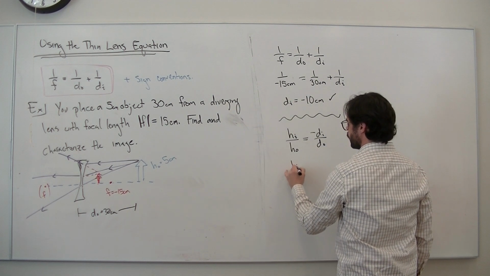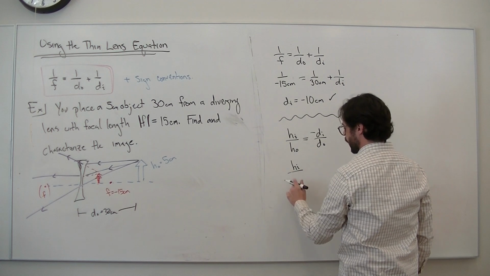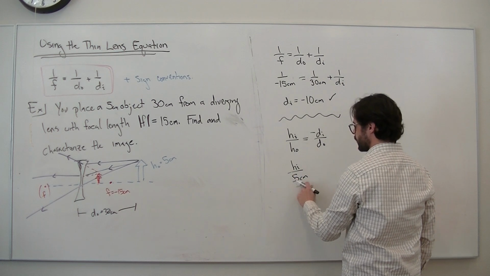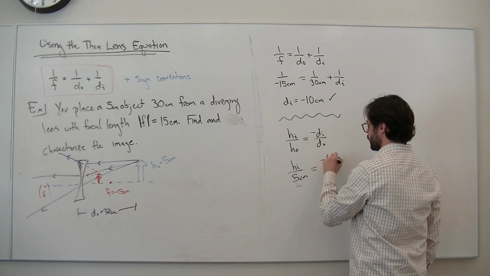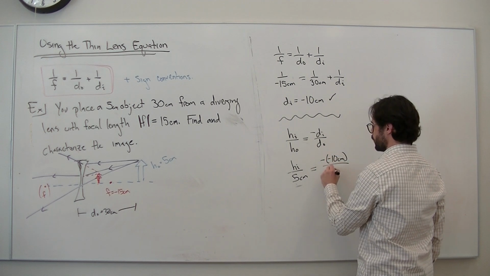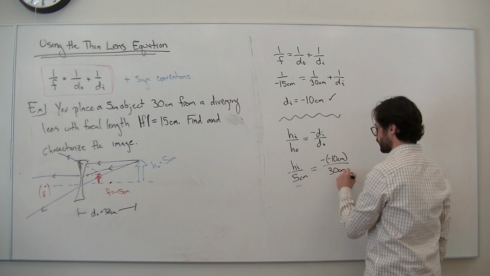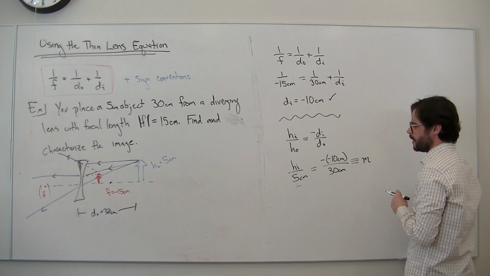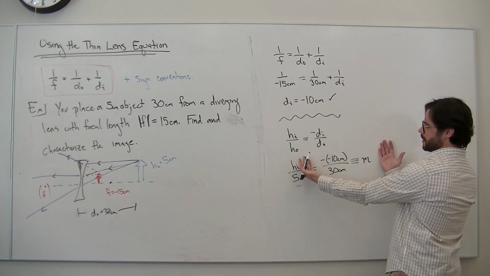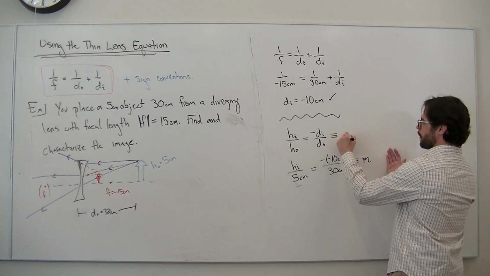So HI is what we're looking for. H naught is 5 centimeters, again positive because it's always positive. And then this is minus DI, so it's minus minus 10 cm over 30 centimeters. So this is defined as the lateral magnification. So one way of just saying it is just consider this quantity.